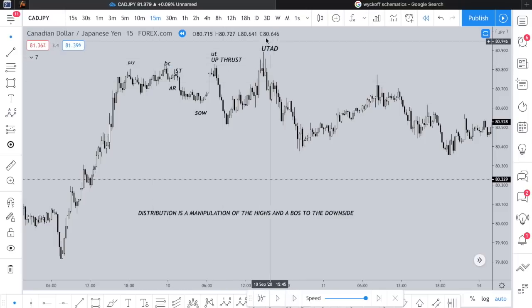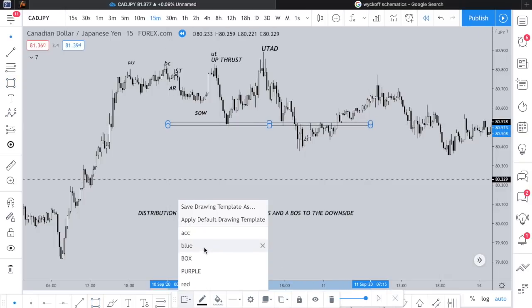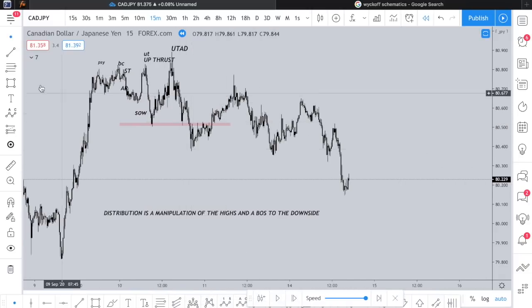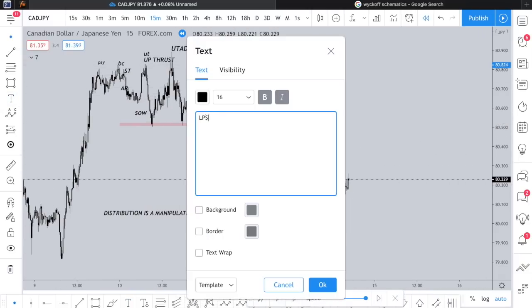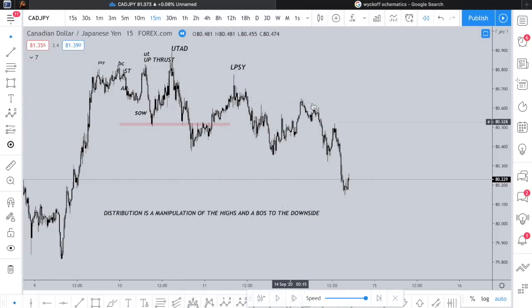We are manipulating those highs and we are reversing almost instantly. Once the market has manipulated all of those highs, you will tend to see breaks of some major structure points to the downside. And once you observe those breaks of structure to the downside, you simply can wait for these last points of supply to be created, LPSY, before we visit lower.